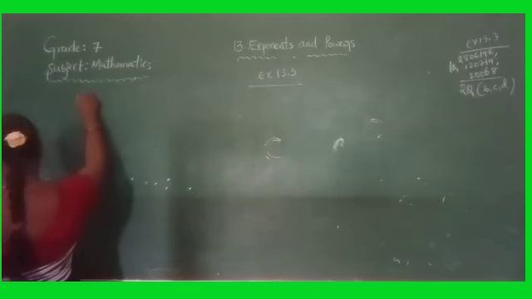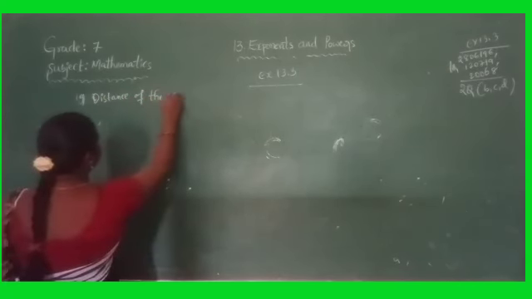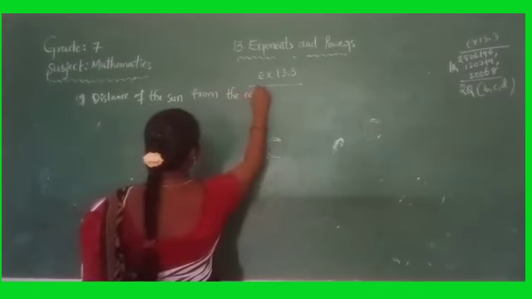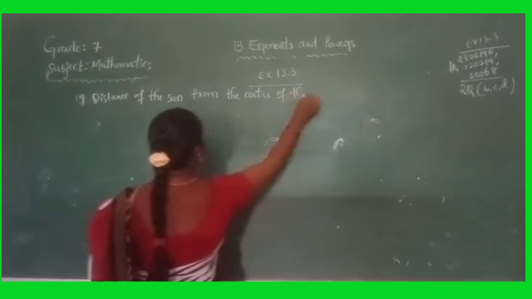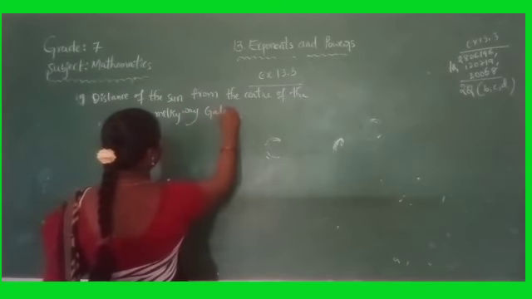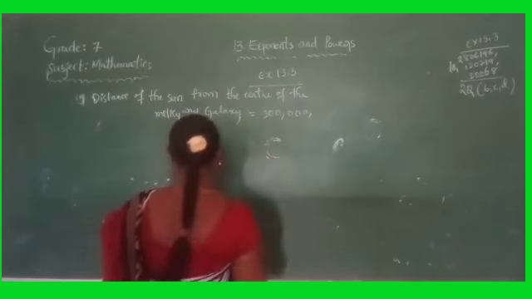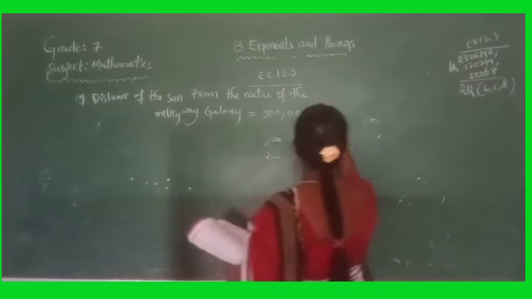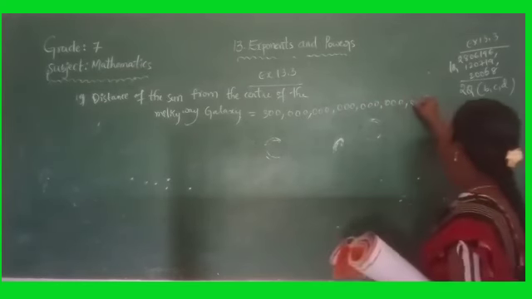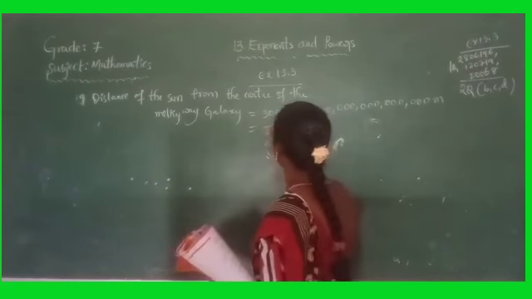So here G1, the distance of the sun from the center of the Milky Way galaxy is equal to 300,000,000,000,000,000,000 meters. Okay, so here we have to write this one in the standard form, 3 into.